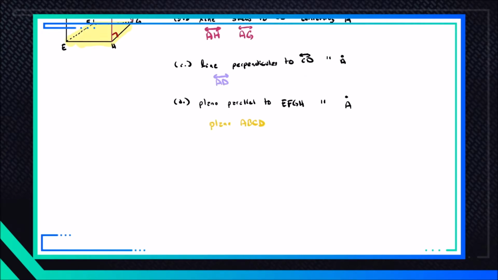A couple of postulates that might come in handy when working with parallel lines and perpendicular lines are the following. We have postulate 3.1, and this is going to be the parallel postulate.